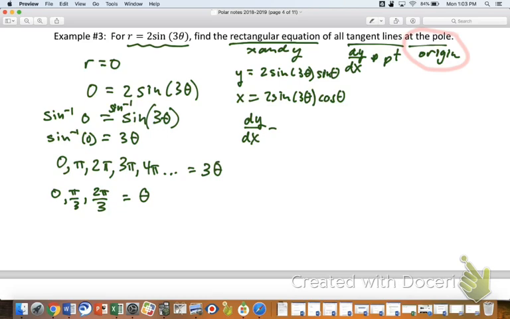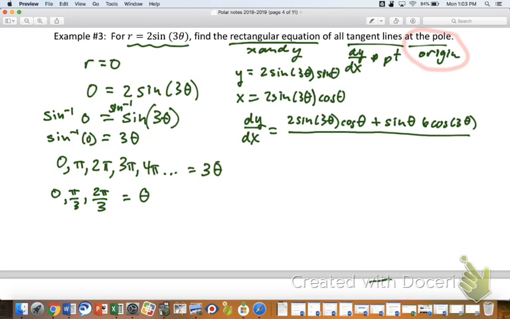So dy dx would equal, let's see here, the numerator would be 1 d2 plus 2, and then d1 would be, what, 6 cosine of 3 theta? Did I do that right? I think so. And then down here, it would be negative 2 sine squared of 3 theta, 1 d2, oh, no, that doesn't work, sorry.